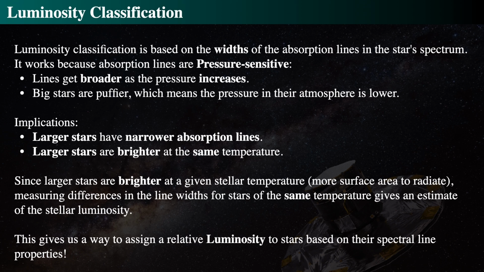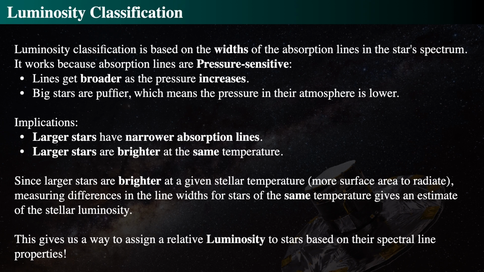A hydrogen atom that is still can only absorb light at 6,563 angstroms. But if it's moving towards you or away from you, then it can Doppler shift that and absorb off of that. So the faster they're moving, the broader the lines, and that's because there's a higher pressure.